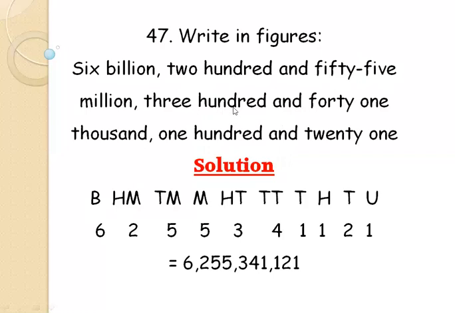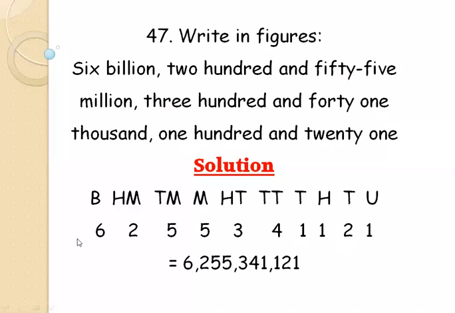300, 3 will be under hundred of thousand. 41, that means this 40 is tens of thousands. So I'll put 4 here. 1 is 1,000. 1 is under 1,000. 100, that is 1 under 100. And 20, 20 is tens. 2 under tens. 1 here. Did you see that?